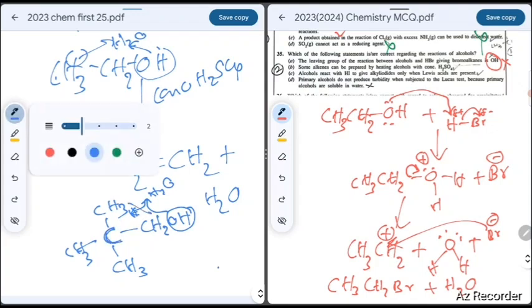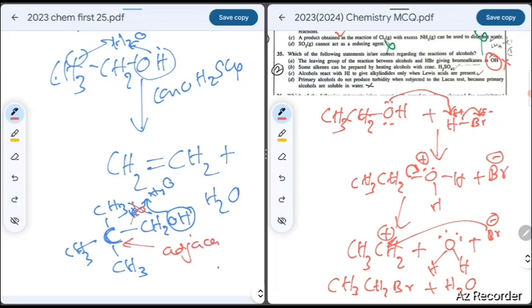So, as it does not have any hydrogens, we cannot form a double bond here. Therefore, this adjacent carbon needs to have hydrogen to remove it as H2O. Right? So, only some alkenes can be prepared by heating alcohols with conc H2SO4, that is correct.